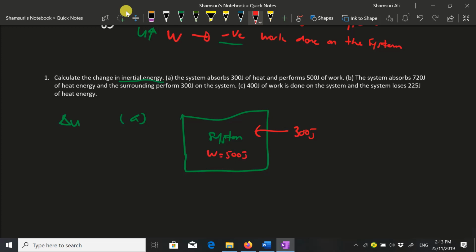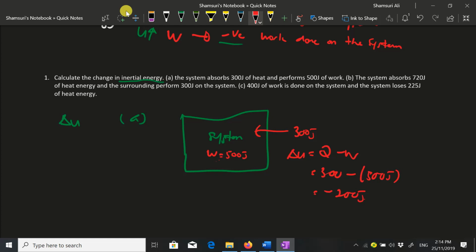500 joule. Okay. And then we can calculate delta U. So 300 joule absorbed should be positive. Q minus W, so positive 300, and then 500 joule again. 500 joule should be positive, so it's positive 500 joule, so it becomes minus 200 joule.